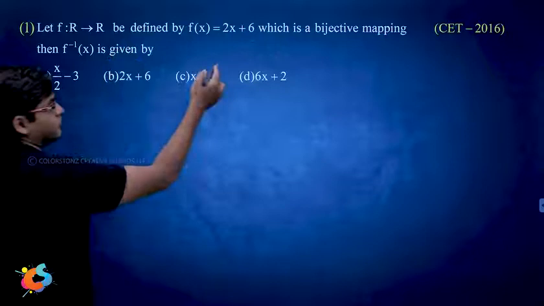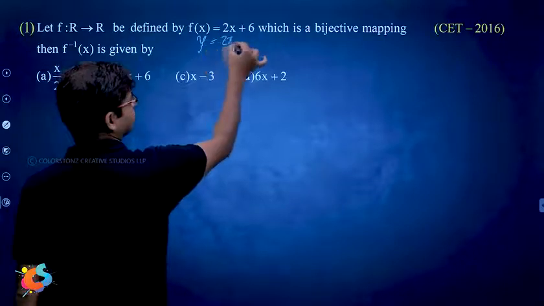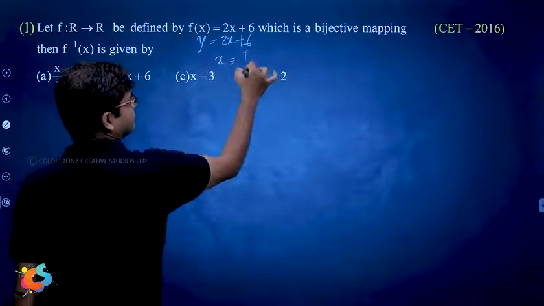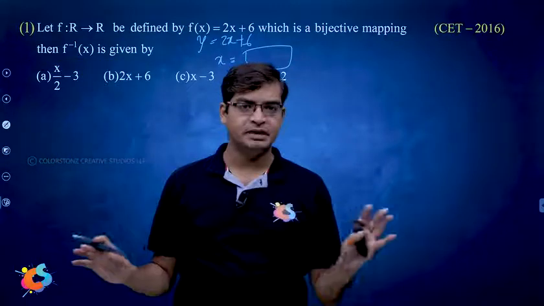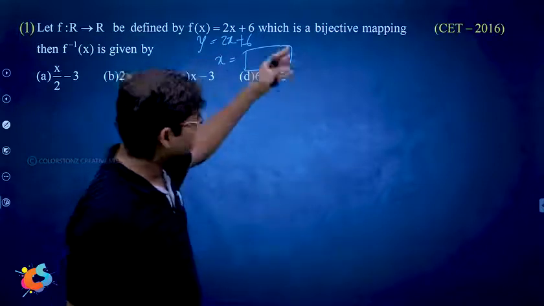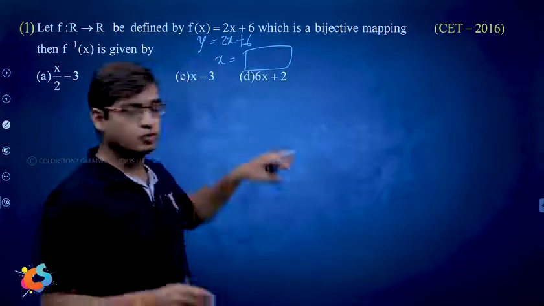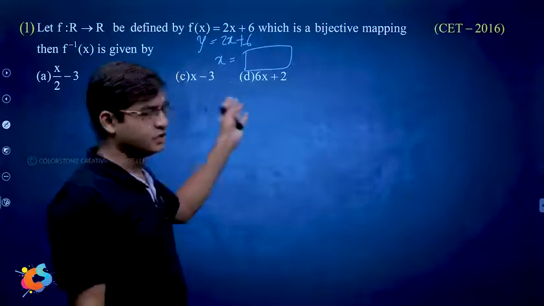So just before we have seen y is equal to 2x plus 6. Get x on one side, everything else on the other side. That will be your inverse function. Simple. So we have seen all of the cases. From the options, you can say the inverse function exists if all of the options are given.